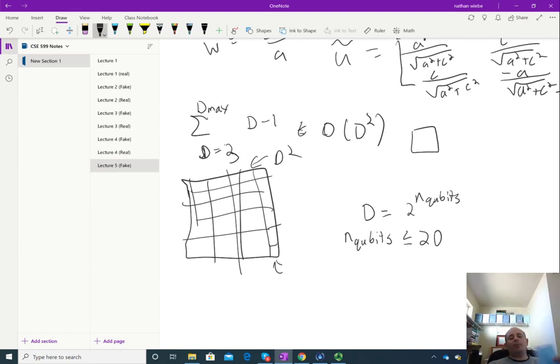Beyond that, it becomes incredibly challenging, because in effect the number of operations that we would need to do would end up going like 4 to the 20, and that is a very big number.